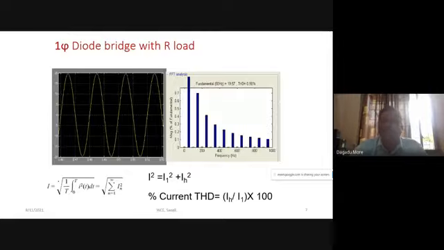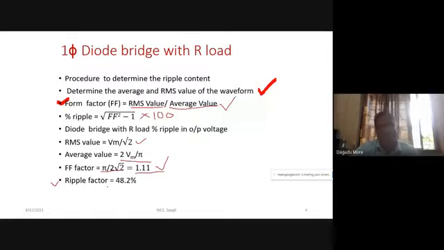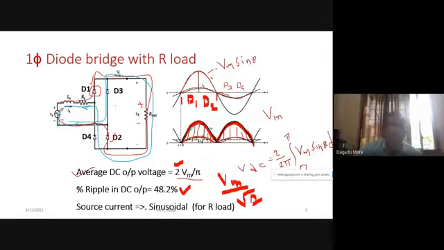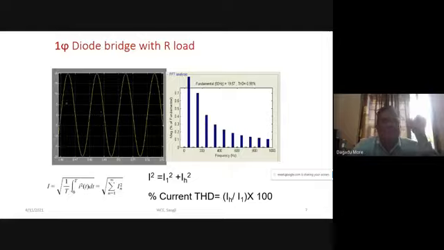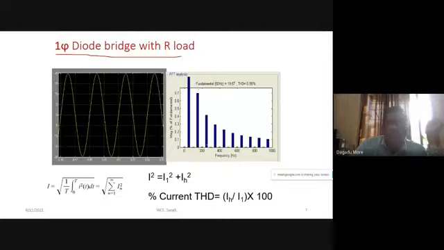Here our source current is almost sinusoidal. We are discussing THD, total harmonic distortion; we will discuss that slide afterwards, as we are adding one slide after this. This is our source current waveform, simulated with the help of MATLAB. Whenever the current is sinusoidal, our THD, total harmonic distortion, will be very, very low.